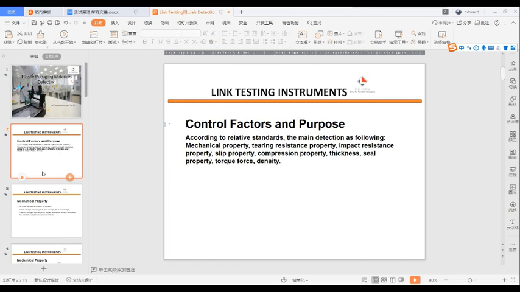All these test instruments are according to the relative standards, and the main detections are as follows: mechanical properties, tearing resistance properties, impact properties, compression, thickness, and torque tester, and torque force, and the densities, and so on. We have more than 12 series products and more than 30 models.